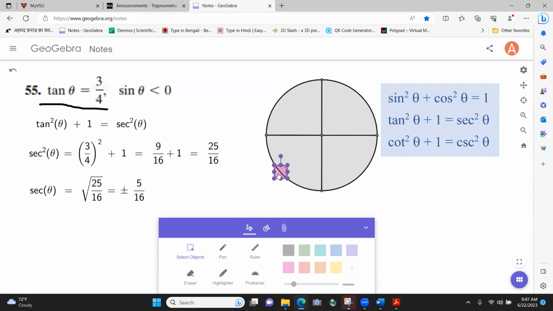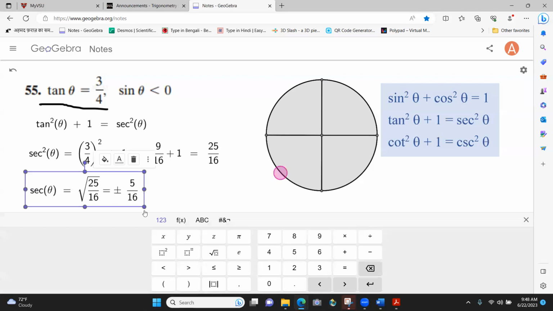So I know my theta, I don't know where it is, but I know it's in the third quadrant. In the third quadrant, secant is the reciprocal of cosine, right? And in the third quadrant, cosine is negative, and therefore secant has to be negative. I'm going to erase my plus minus and put a minus sign here.